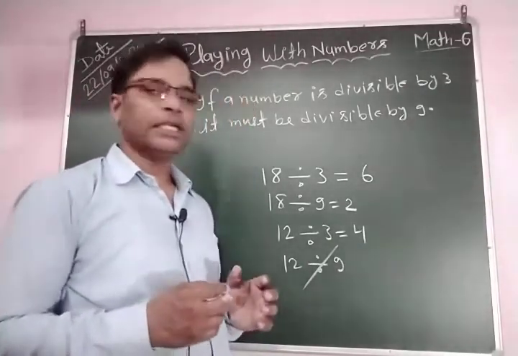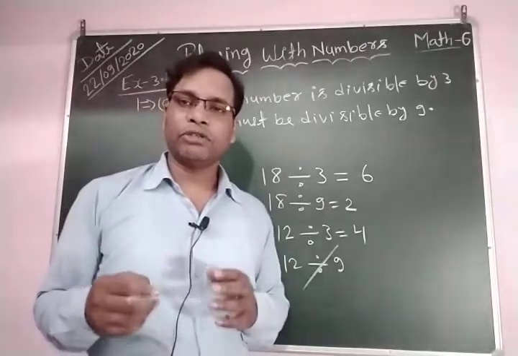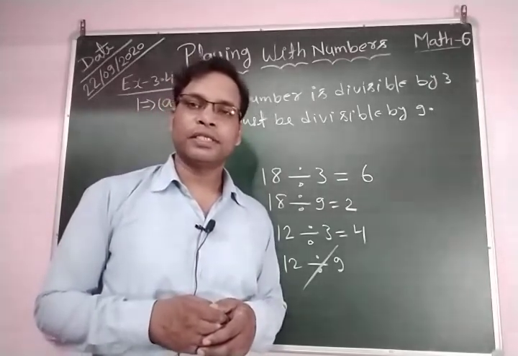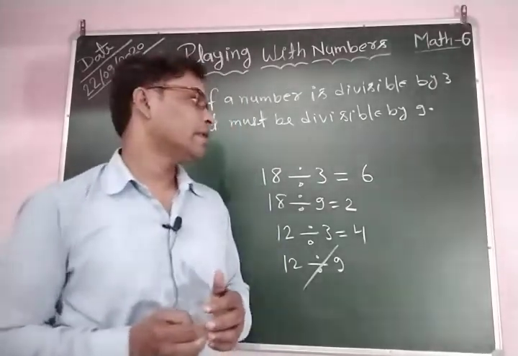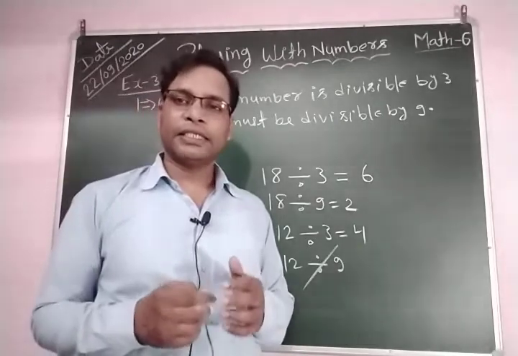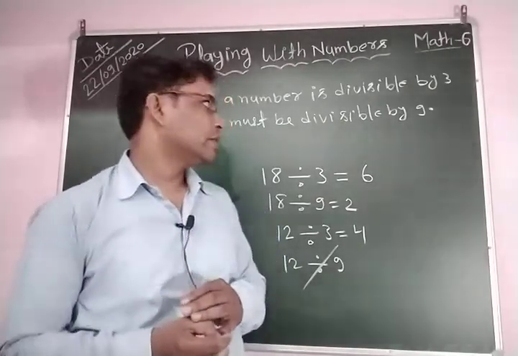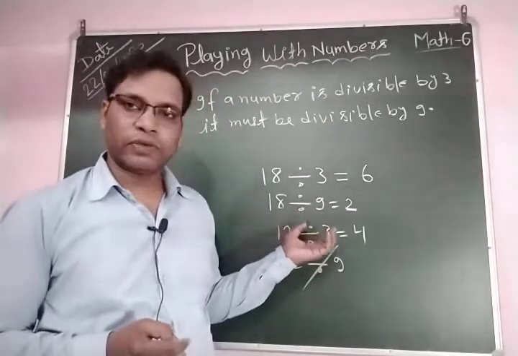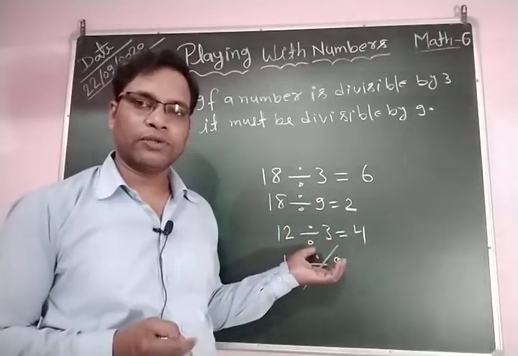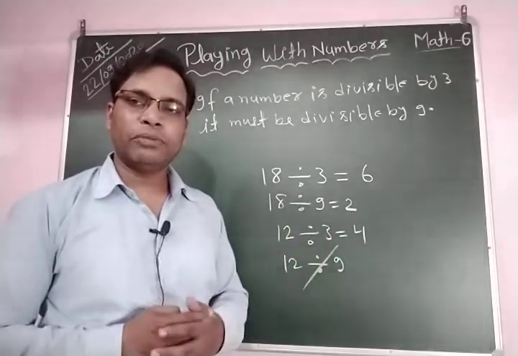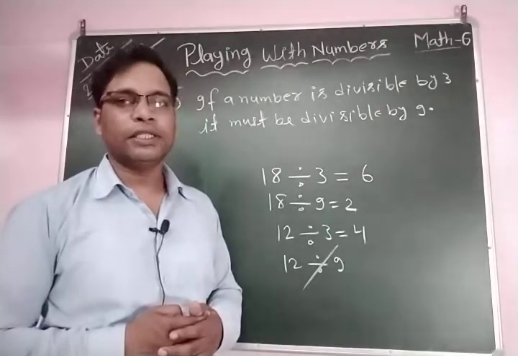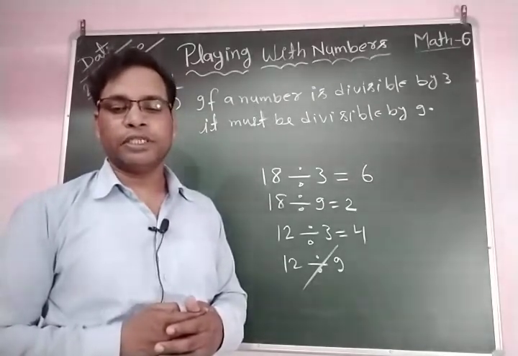Again we take the number 6. 6 is divisible by 3, but 6 is not divisible by 9. So we take 2 or 3 examples to find out whether a number divisible by 3 must be divisible by 9.